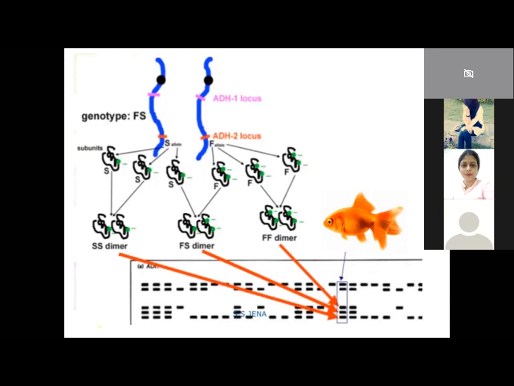Because it shows variation from individual to individual within the same species, we can use this isozyme technology or isozyme marker to identify the variation that exists among the individuals of a species.